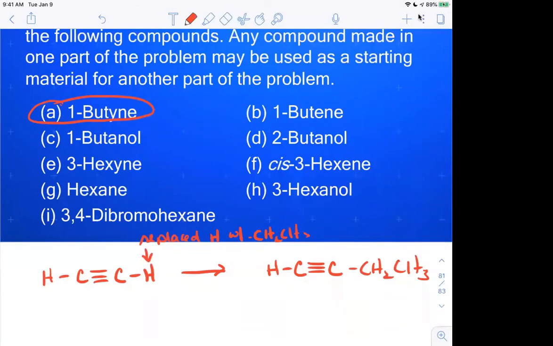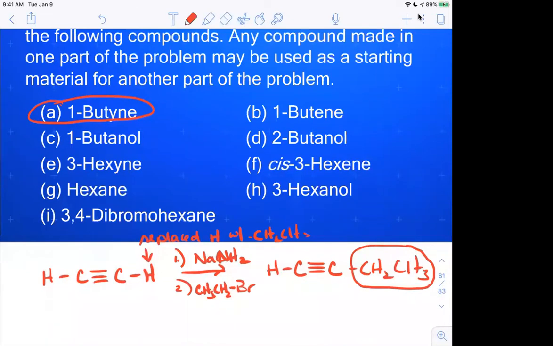Well, there's only one way to do that. I'm going to take step 1, form the acetylide anion with NaNH2, and then I'm going to use an alkyl halide that has 2 carbons. So if I do that, I'm going to end up making the anion and then alkylating, and I end up with that.